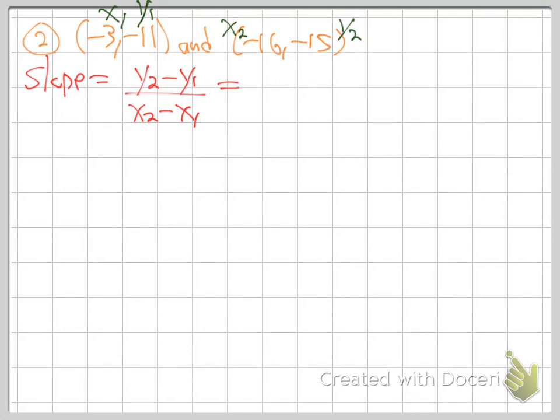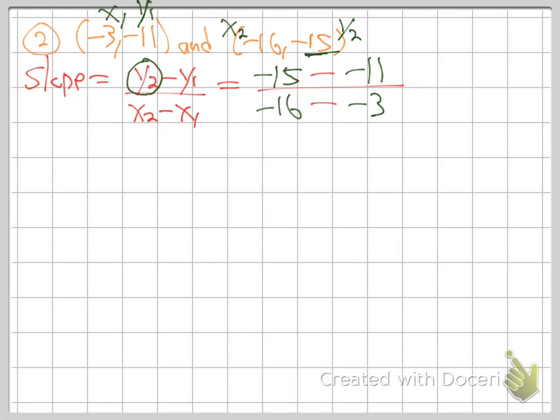And so y2, that'd be minus 15, minus y1, which is minus 11, over x2, minus 16, minus x1, minus 3. See how we have the double negatives? We have the negatives from the formula, right?